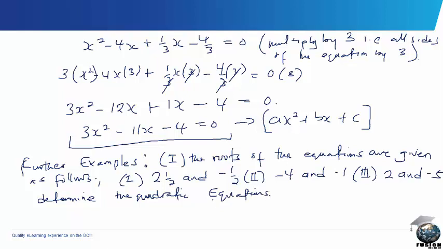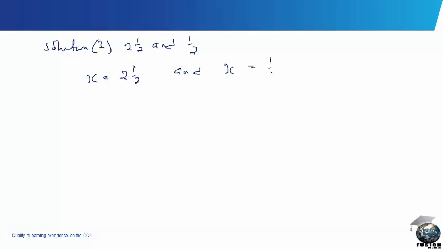So we start with the first one. We are given solution I, and you're given 2 and 1 over 2 as the roots of the equation. So all you have to do is to get back to what the equations used to be. This is x equal to 2, and this is x equal to 1 over 2.